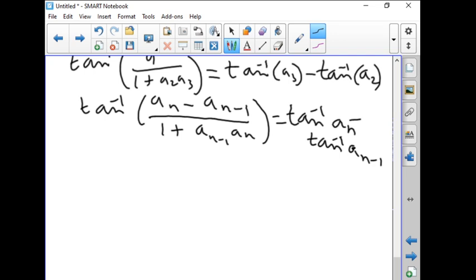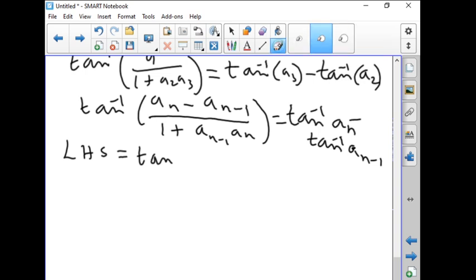Similarly we will get all of these. Now add all of them. When you add, left hand side will be equal to tan inverse of A2, and we will add the right hand side.